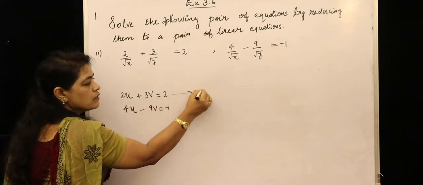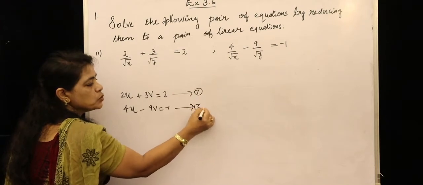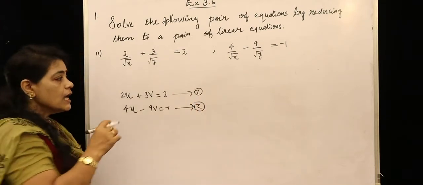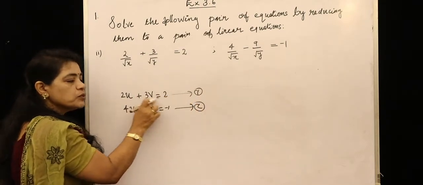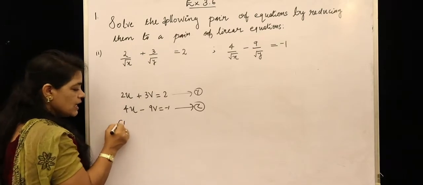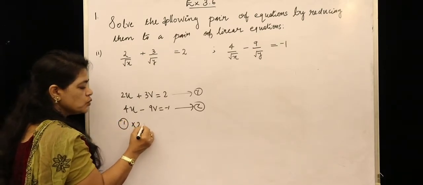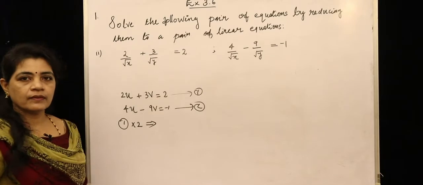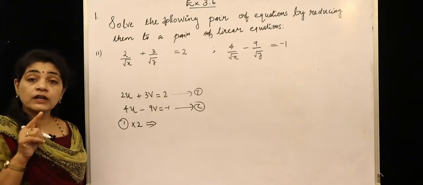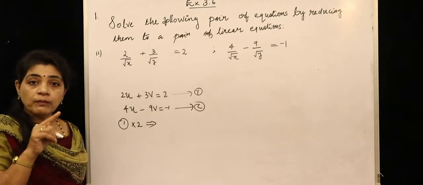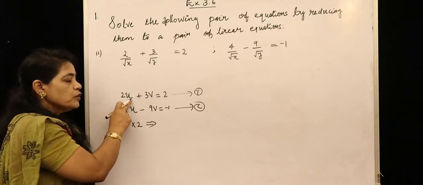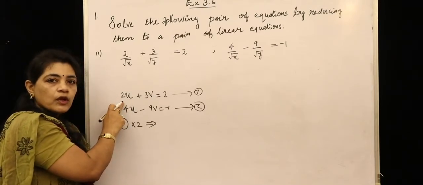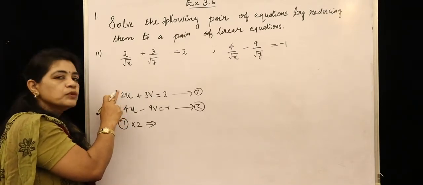This is equation 1 and this is equation 2. If you multiply equation 1 with 2, what happens? Equation 1 into 2 implies. From where did we get this 2? Because to make the coefficient of u in the first equation 4, you have to multiply 2 into 4.